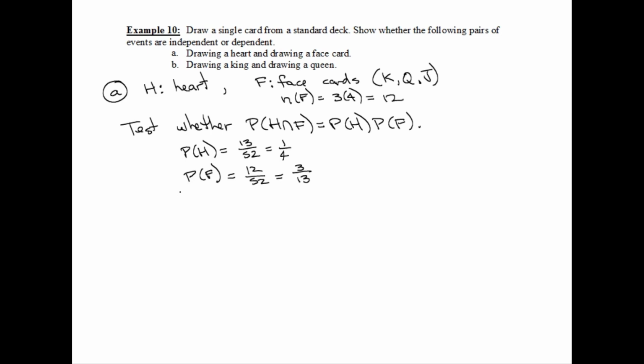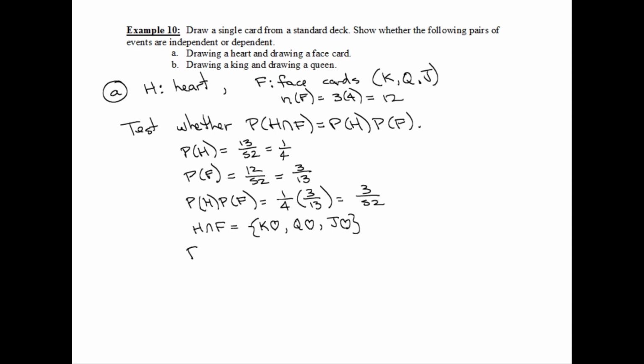And so the probability of H multiplied by the probability of F is equal to 1/4 times 3/13, which is 3 over 52. Now, H intersect F is going to be what? Let's just describe it. It has to be a heart and also a face card. So it might be the King of Hearts, the Queen of Hearts, or the Jack of Hearts.